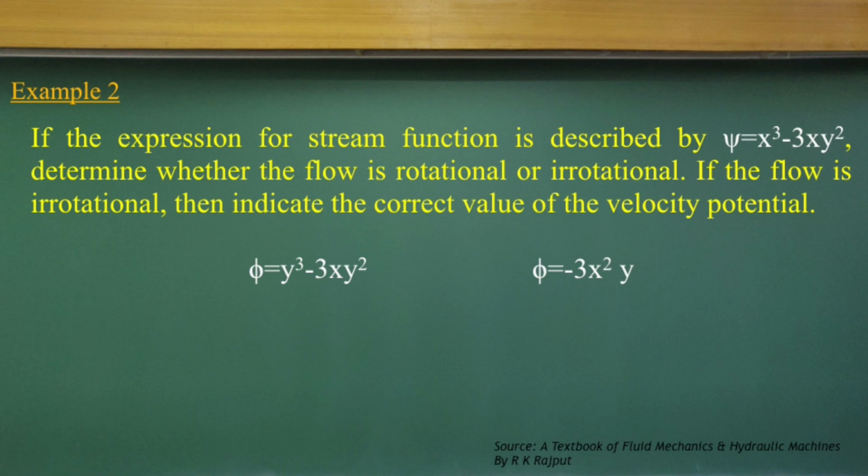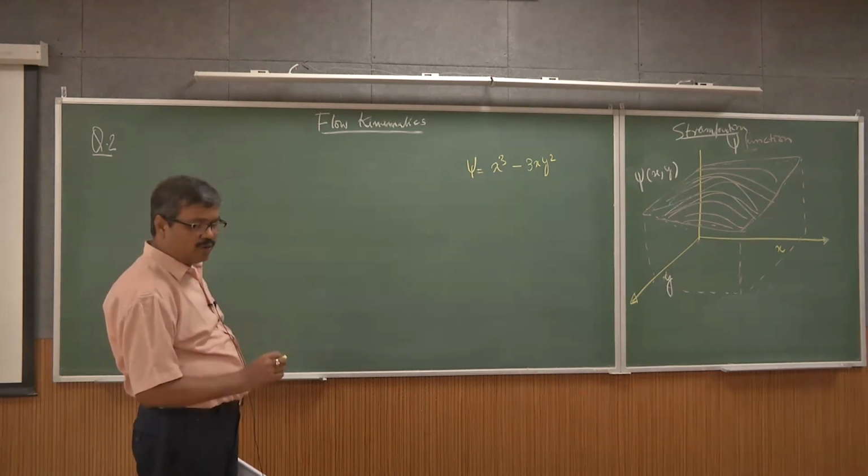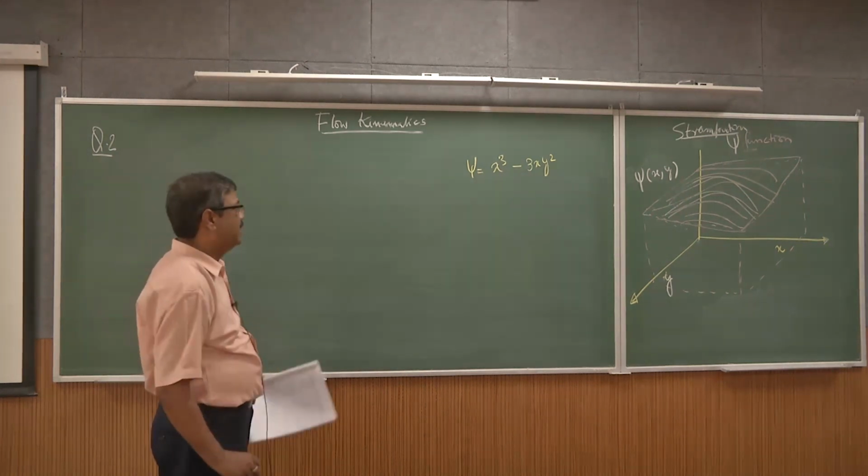If the flow is irrotational, then indicate the correct value of the velocity potential. So, the first part of the problem is that we have to prove whether the flow is irrotational or rotational.